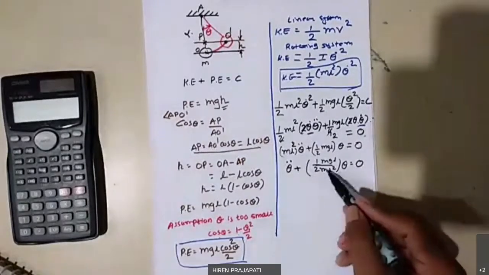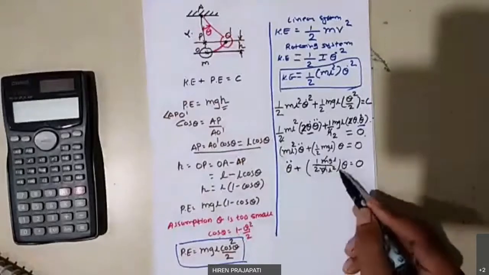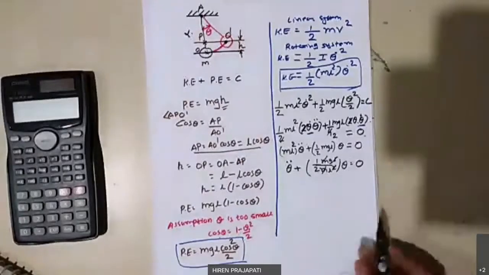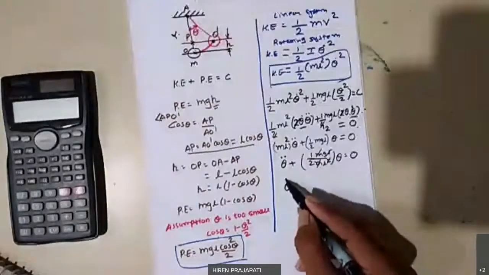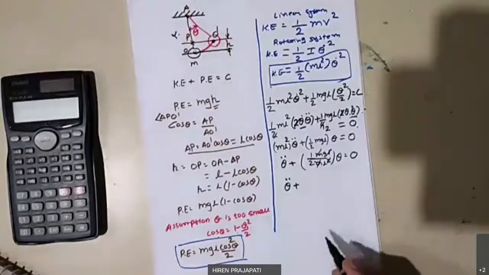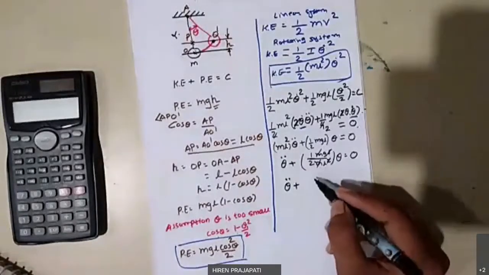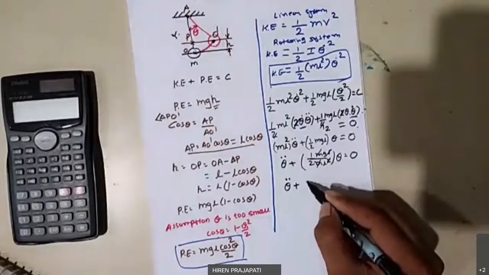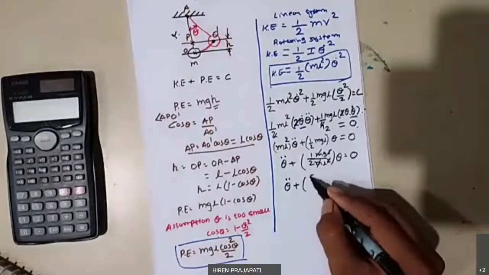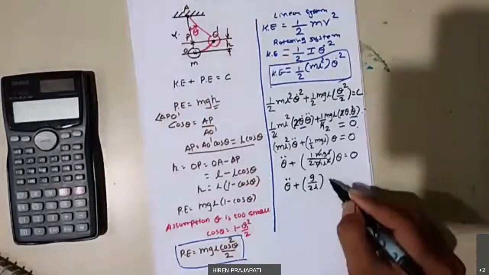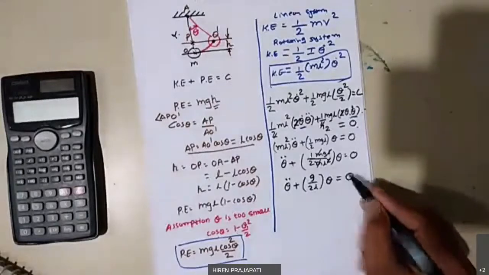Now this m cancels out, and l and l cancel out. Then finally we get theta double dot plus g/2l into theta is equal to 0.